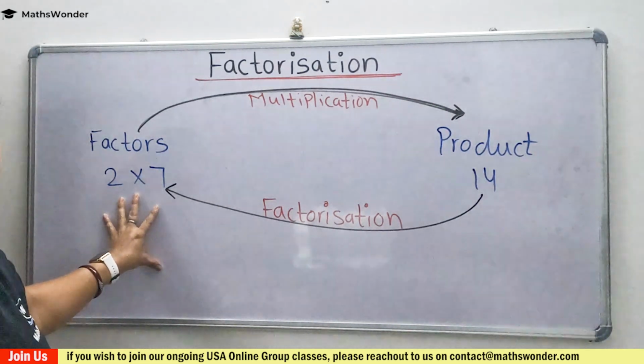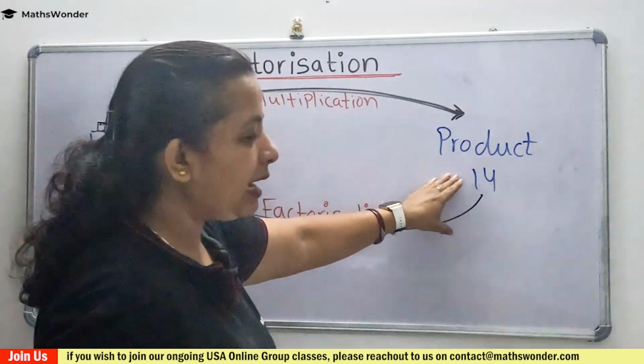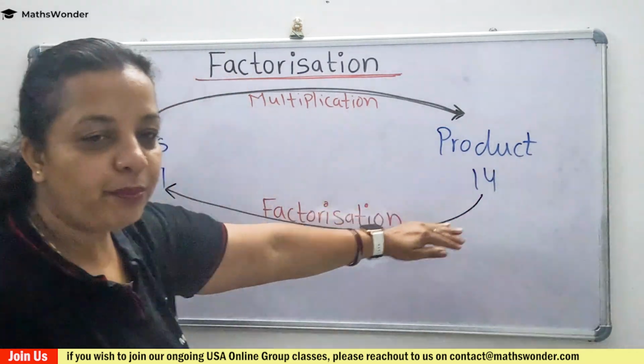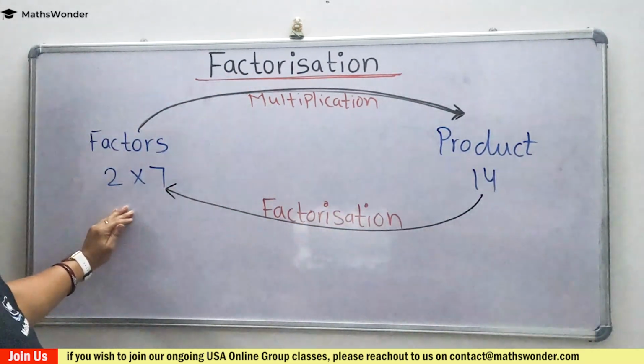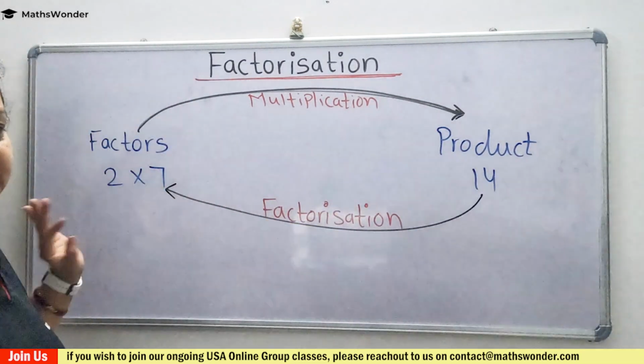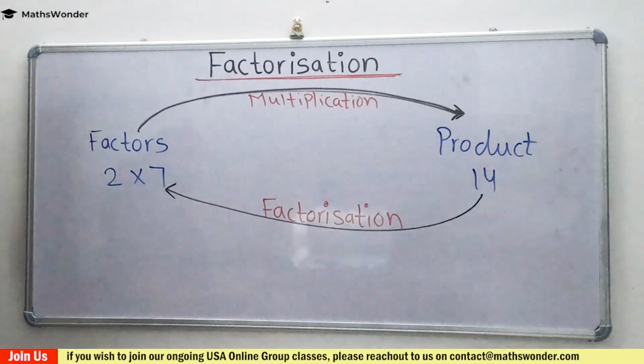This is how you can understand it in simple words. When you multiply two numbers, you get the product. This process is called multiplication. But this 14, when you break it down into two parts, 2 times 7 or 7 times 2, whatever, this is called factorization. Understood? That was with normal numbers.